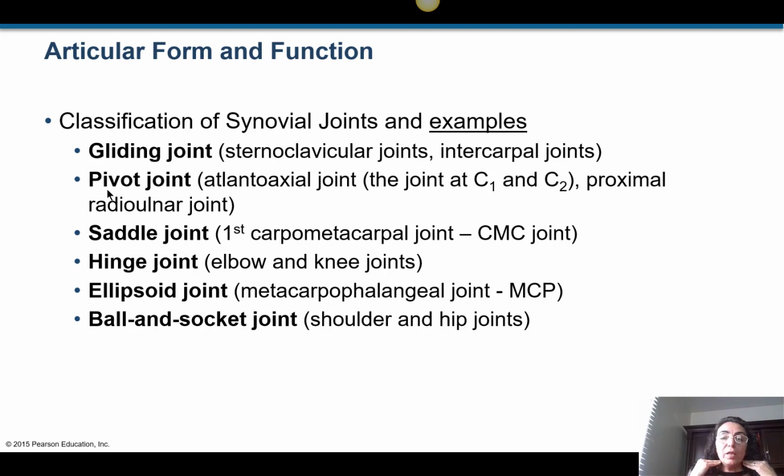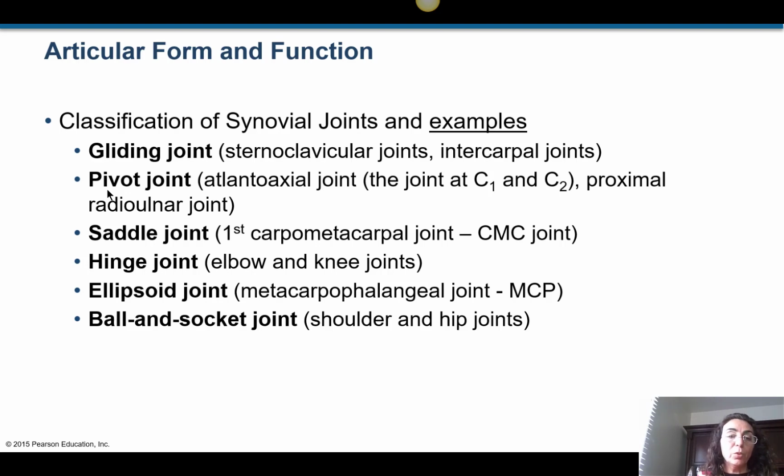As we had before, you know that they make a rotation, right? So the only movement that you have in the pivot joint is rotational movement. Pay attention to that one. One example is the joint between C1 and C2, where C1 is the atlas and C2 is the axis. So we call it the atlantoaxial joint, and this is a pivot joint.